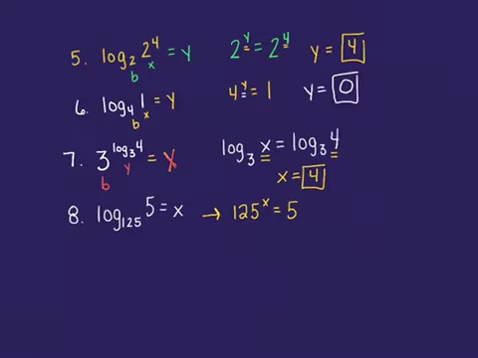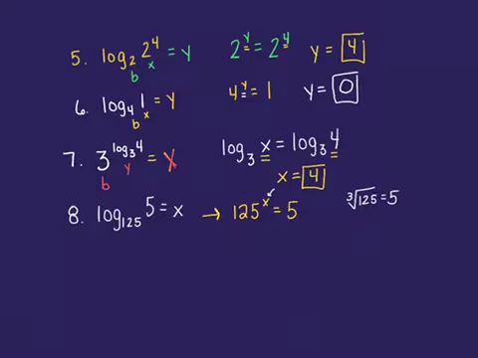So we have to think about, how do we get from 125 to 5 by using an exponent? We have to somehow make this smaller. We know a negative exponent won't make it smaller, so we need something like a cube root. We know that the cube root of 125 is 5.